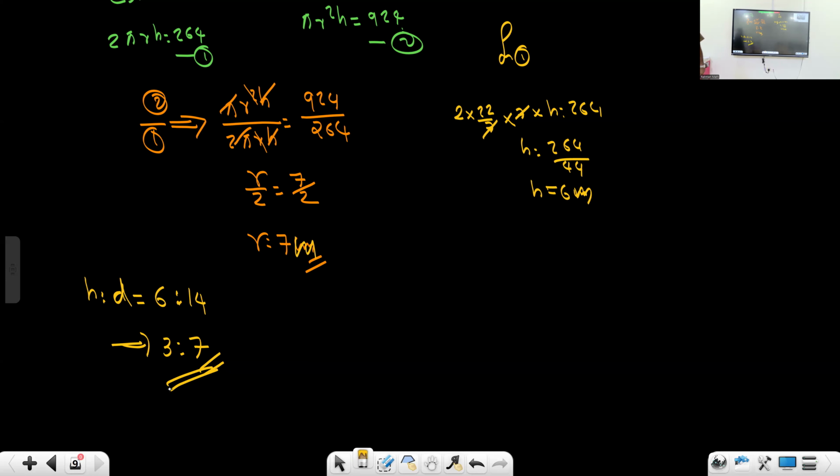The third question is the combination of surface area, volume, triangles, similarity of triangles, and tangent. Three chapters together.